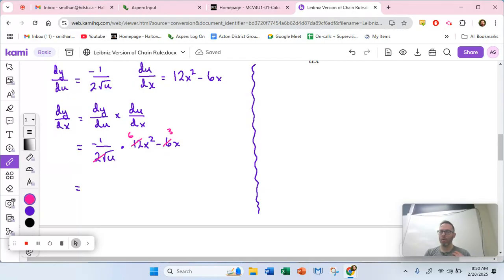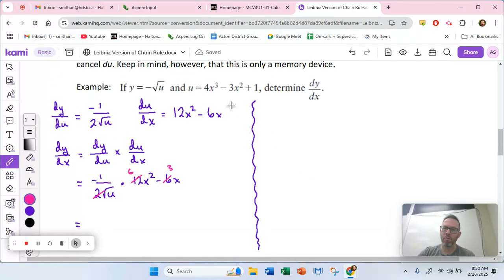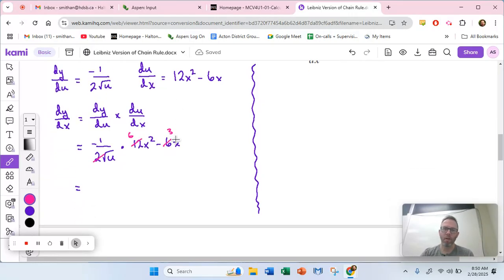And then we're going to have root u on the bottom, but u is just equal to that cubic polynomial. And so what we end up getting is negative 6x squared. I guess I'm switching to pink now. And then we have negative 1 times negative 3x, so plus 3x, all divided by the root of u.